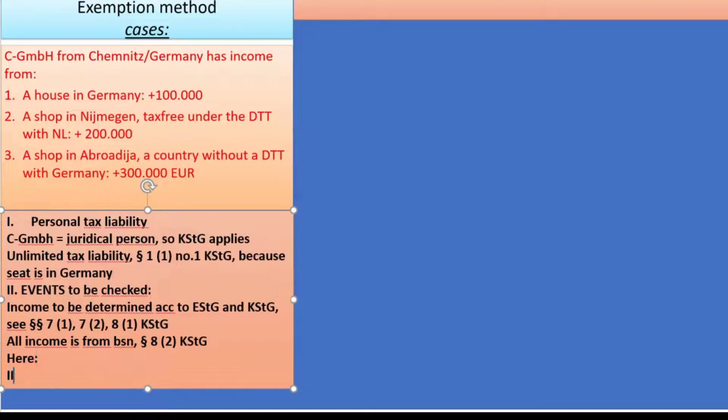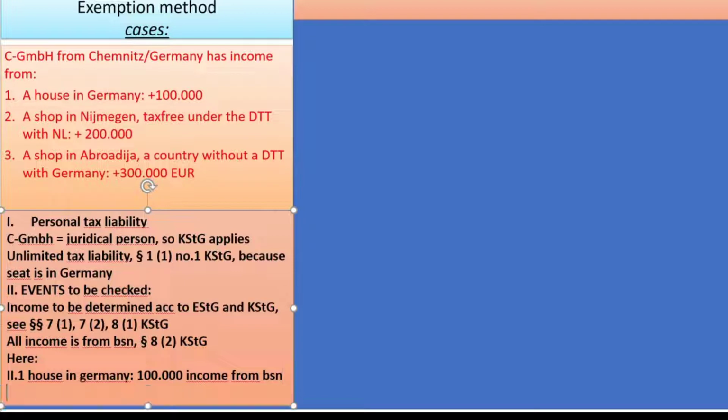And here we have 2.1, the house in Germany, that is 100,000 income from business. Now, why from business and not from lease and rent? And the answer is 8.2 KStG. It says everything which that German GmbH does is classified as income from business. The shop in Nijmegen is tax-free, so taxable is a zero amount.